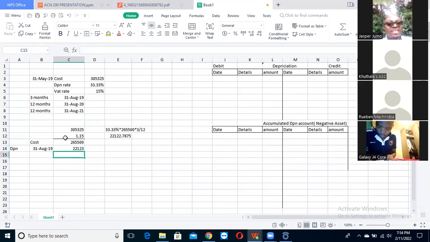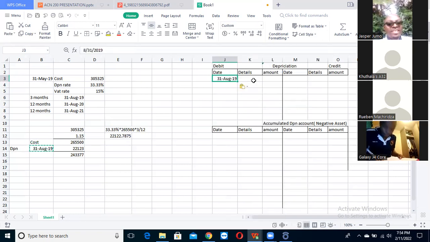So what happens to the depreciation? If we say cost subtract depreciation, we'll find the carrying value of the asset. So this is already for the next period, the carrying value of the asset. So we come and record our transaction, and the date is the 31st of August 2019.